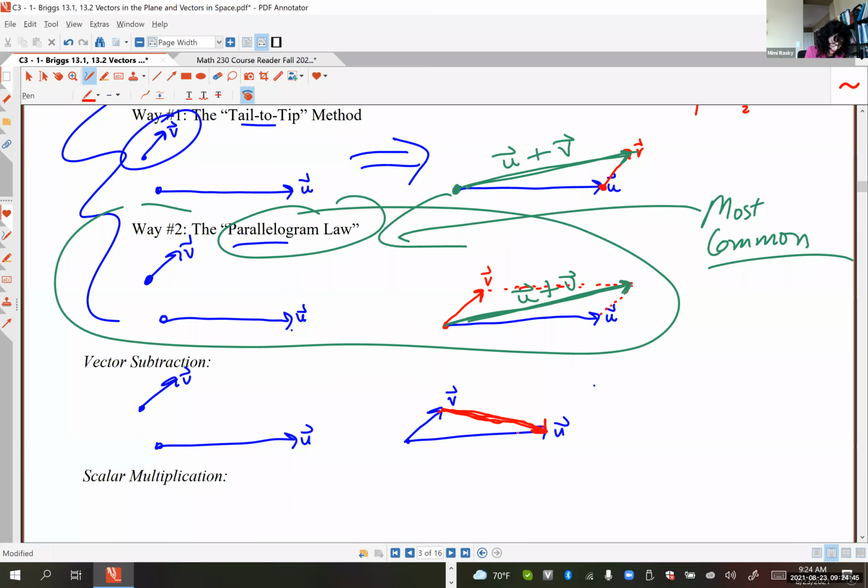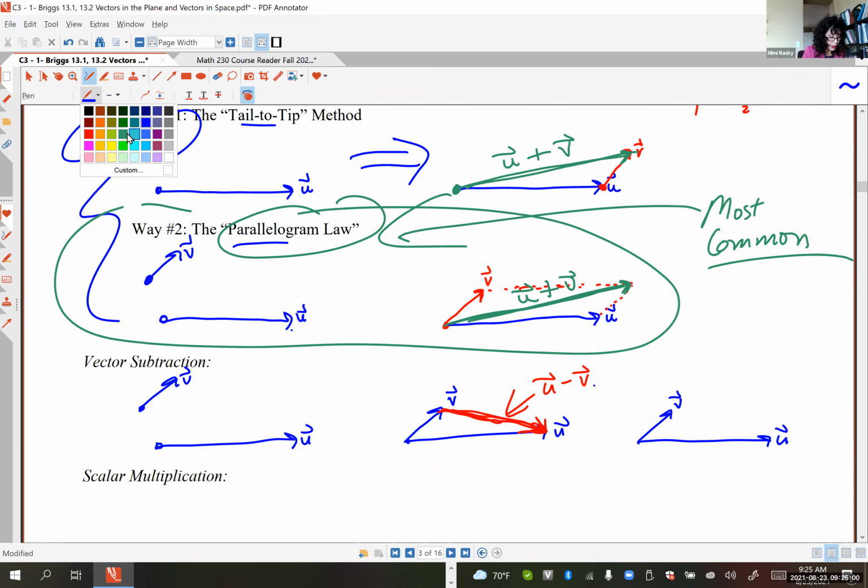Okay, that is u minus v. Well, what about v minus u? That's a different animal. Here's u, here's v again. V minus u would also be connecting their tips, but it would be pointing toward the tip of v instead. So this vector here is v minus u.